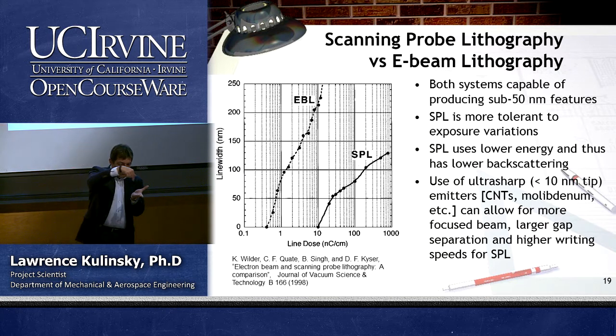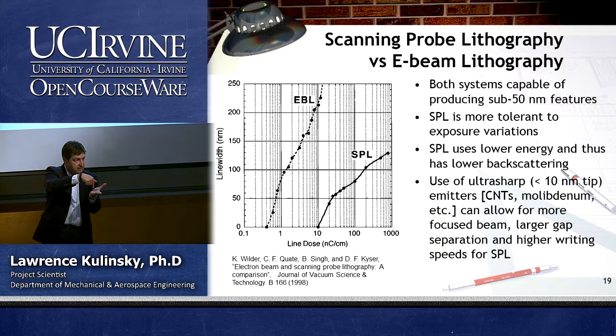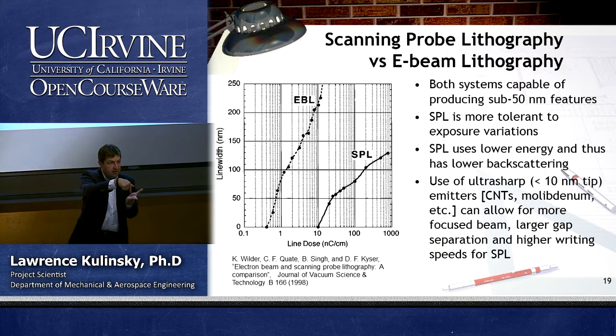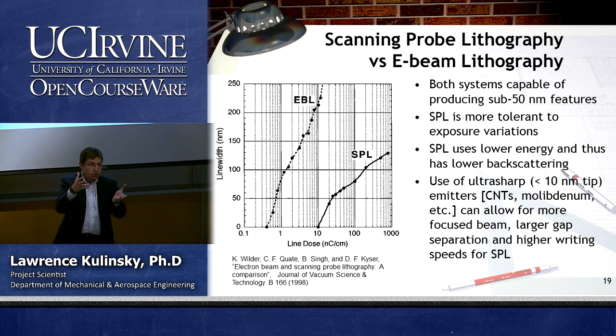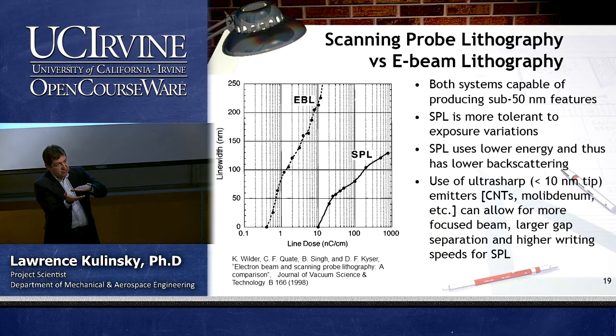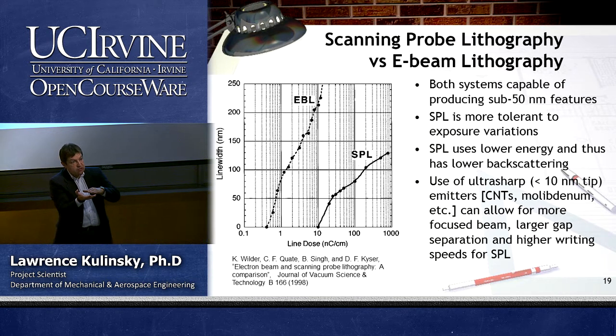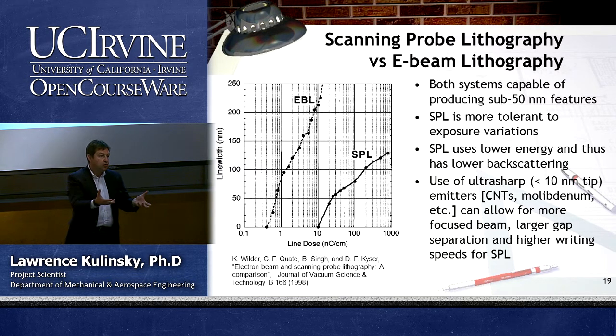When you have a proximal probe, which just hovers above the surface, like in a scanning tunneling microscope, you can pass current from that tip to the surface and use that tip as your exposure source, as the source of electrons. Because it hovers just above the surface, you can use it in your lithography.